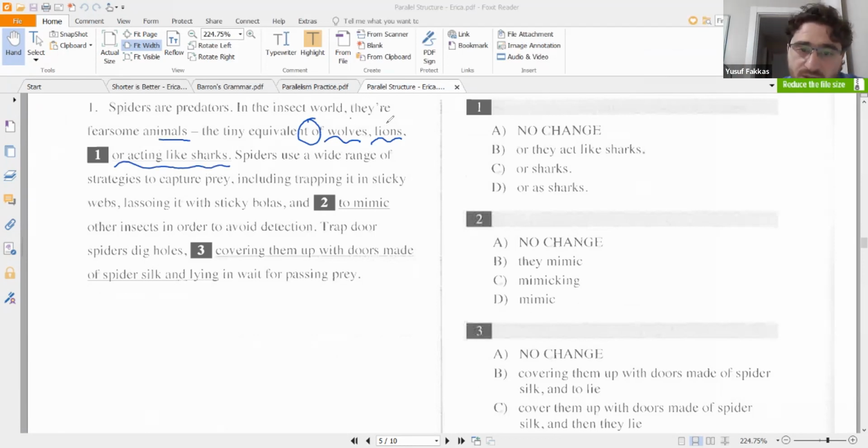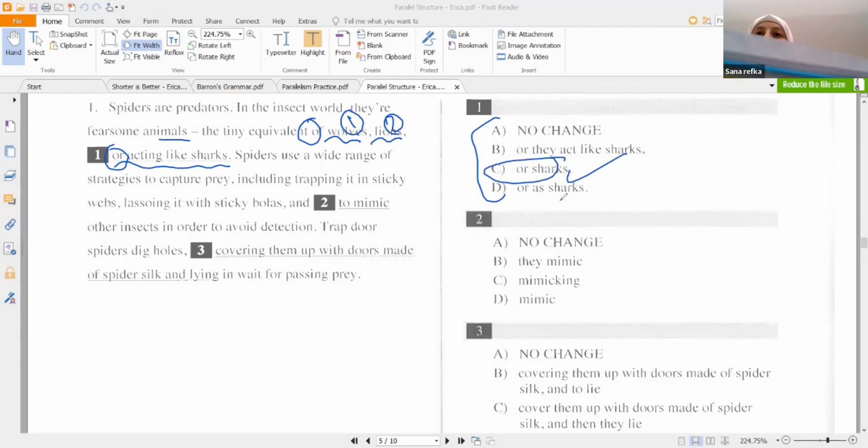We have wolves, lions, or sharks. So the answer here must be which one? C. C, exactly. Again, here what are we talking about? Individual words. We cannot have wolves and lions, which are individual words, and then you have a phrase, acting like sharks. No, wolves, lions, or sharks. Let's move to the second question.